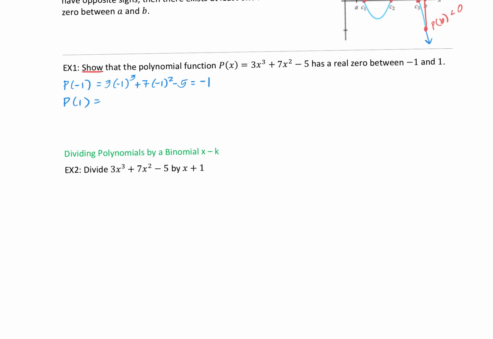p of 1 is going to be 3 plus 7 minus 5, which would give me a positive 5. So I've shown that p of -1 is negative and p of 1 is positive. So now what does that mean? That's not enough.